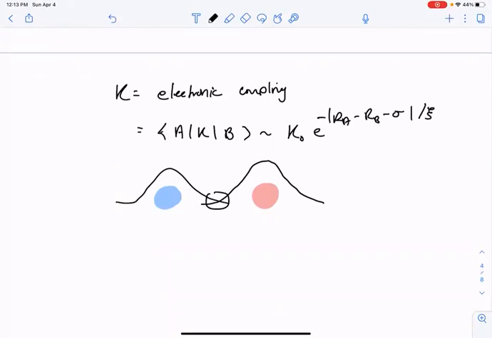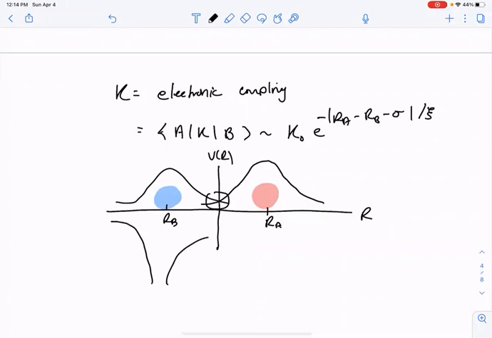More specifically, if this is some R, and this is the location of R_A and R_B, there is some potential given by a Coulomb potential that the electron is tunneling out of. So there's some tunnel splitting associated with that Coulombic potential that the electron moves in.